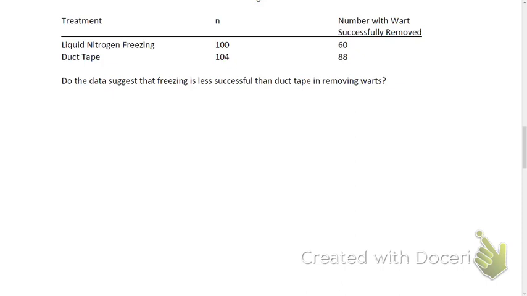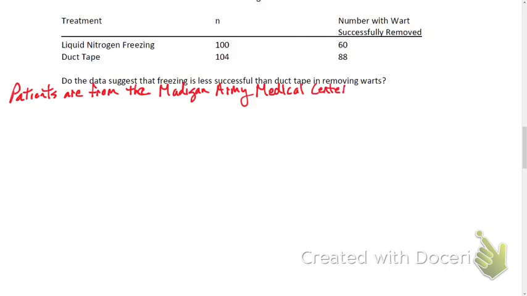So to start out, I'm going to define these patients because they're from a specific place and I don't want to write it twice. Patients are from the Madigan Army Medical Center. And then I'm going to talk about group 1 and group 2.